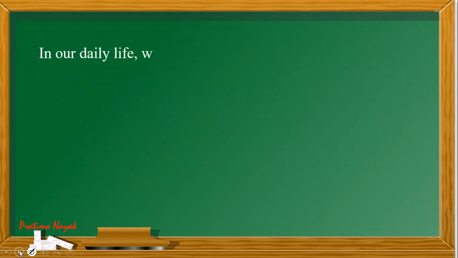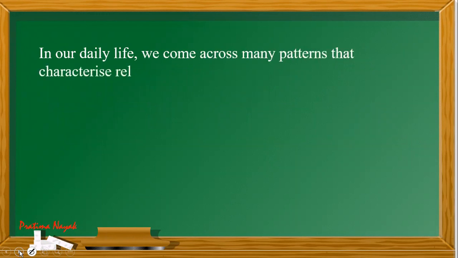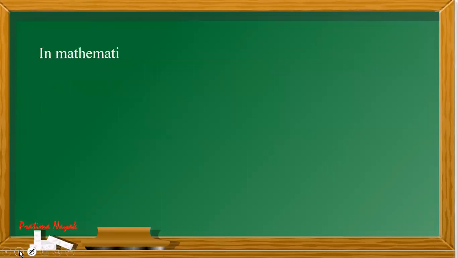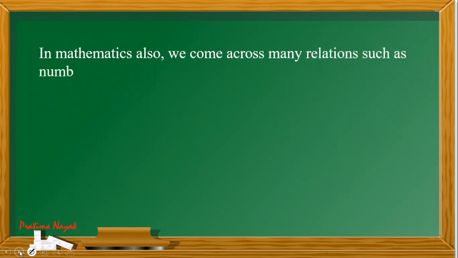In our daily life, we come across many relations. It may be son and father, brother and sister, mother and father, mother and son, teacher and student, and so on. But in mathematics, we also have some relations.